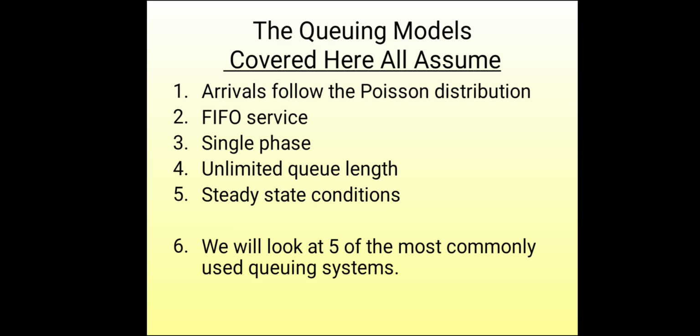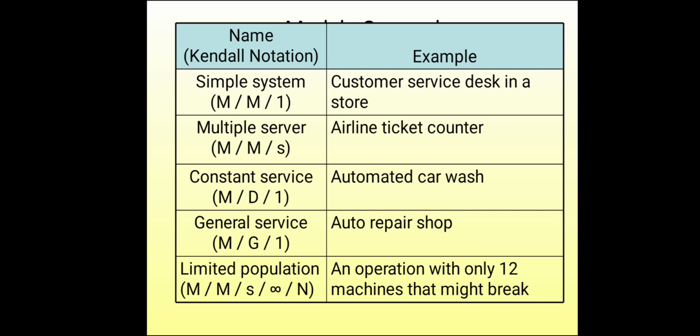The queuing models covered here all assume arrivals follow Poisson's distribution, FIFO service, single phase, unlimited queue length, and steady state condition. We will look at five of the most commonly used queuing systems. First, the name of Kendall notation: this is M/M/1, a simple system.